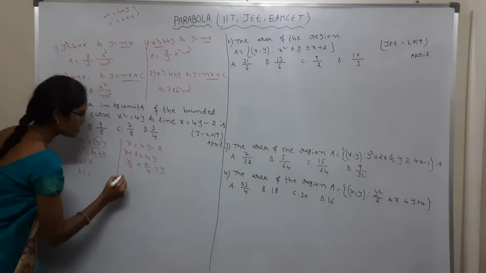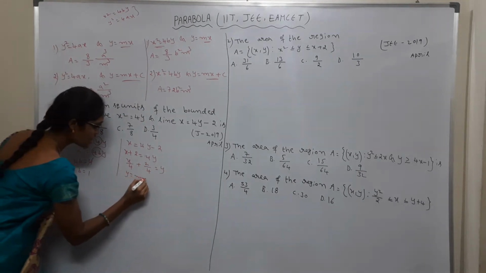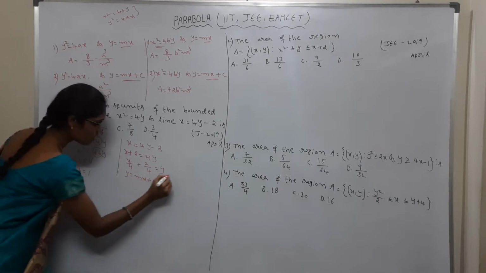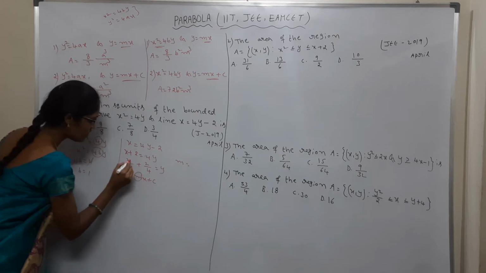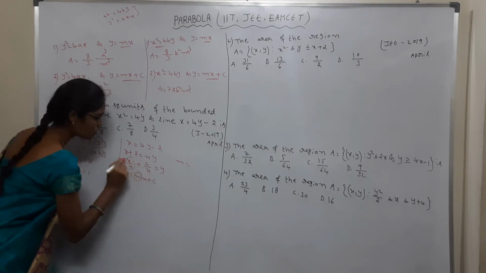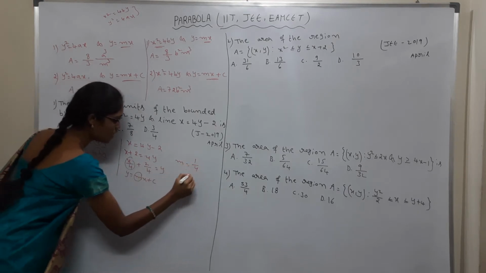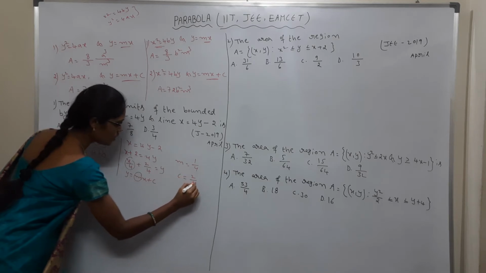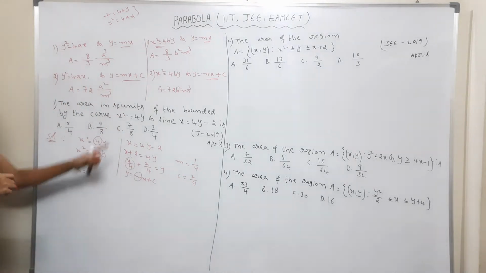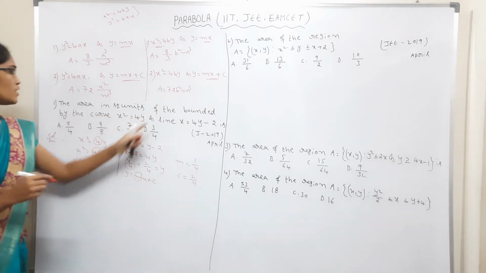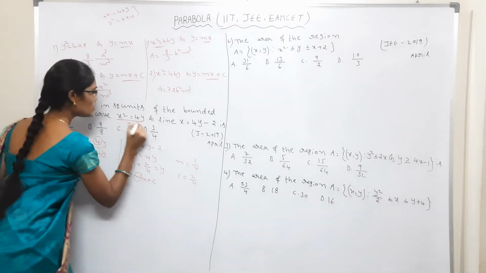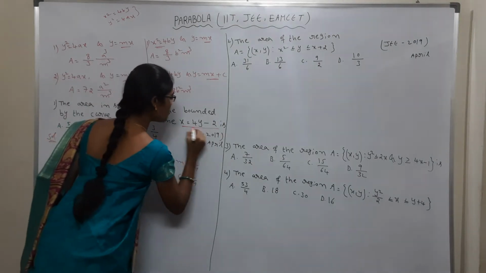x by 4 plus 2 by 4 is equal to y. Now comparing with y is equal to mx plus c, what is the m value? m is equal to 1 by 4, the x coefficient, and c is equal to 2 by 4. C is not needed. Okay, now take the formula. Which form? x square is equal to 4y and x is equal to 4y minus 2.